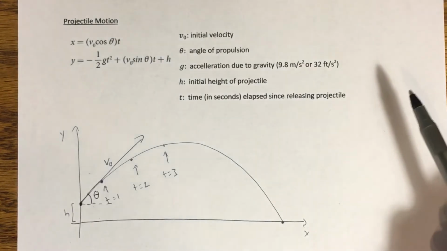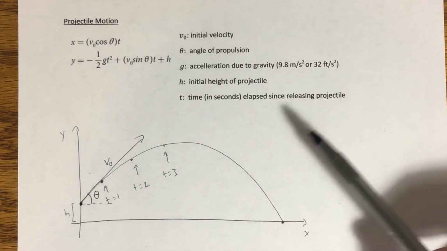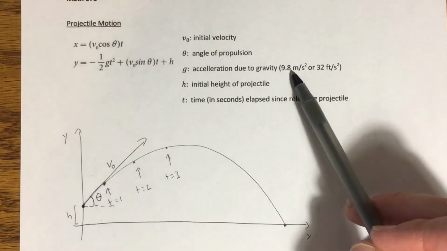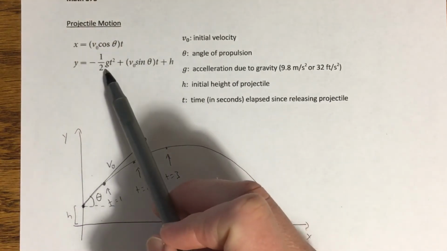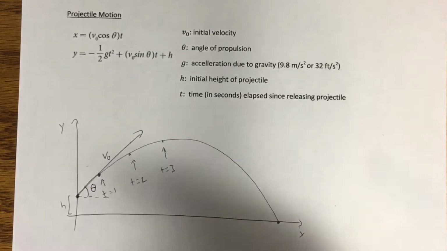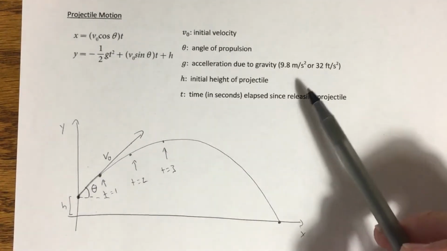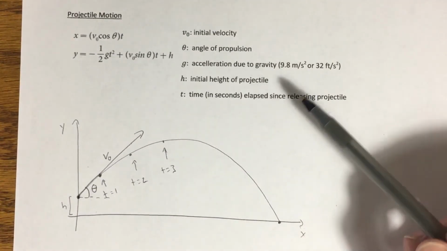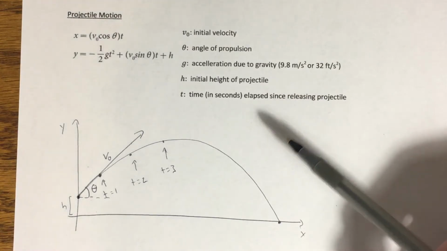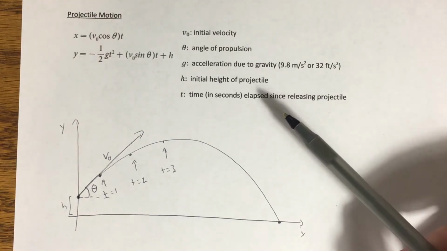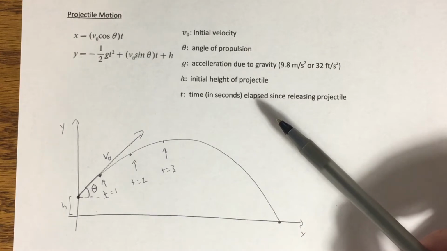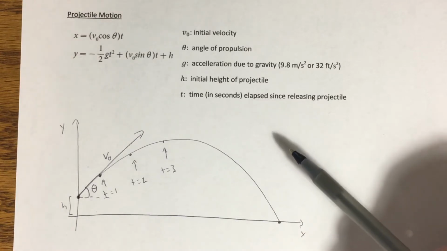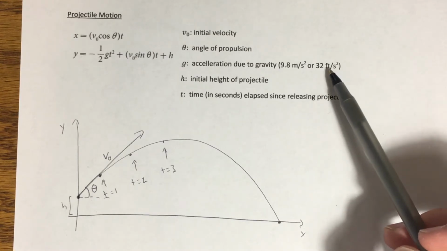Typically in a problem where we're using these equations, you may need to use one or the other value for g in this equation right here. And the way that you know which constant to use is based on the units that are being used in the problem. So if the problem describes your projectile and its unit of distance is given in feet, then you would be using this.